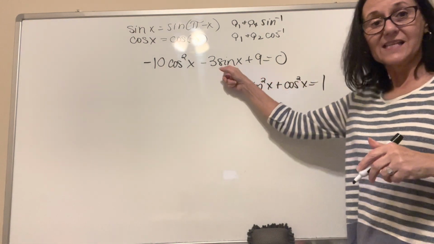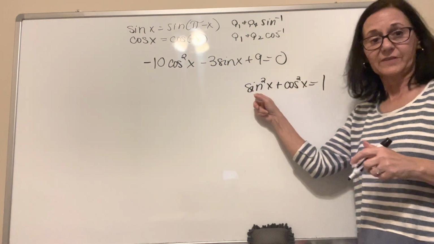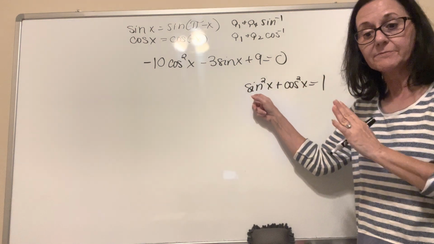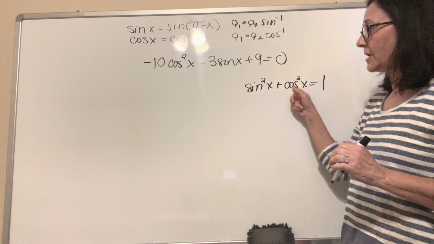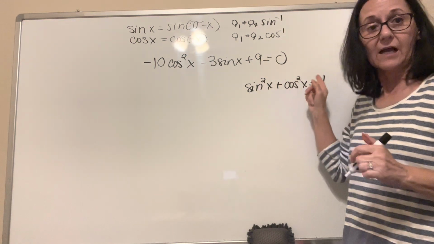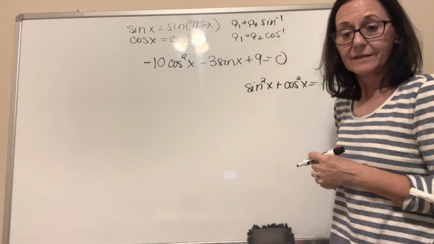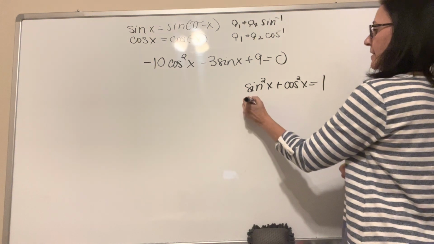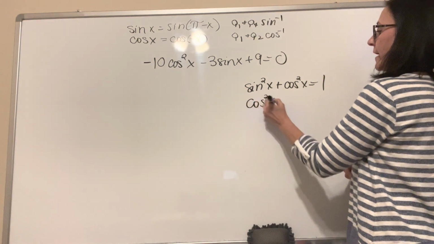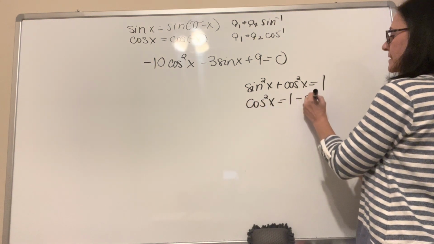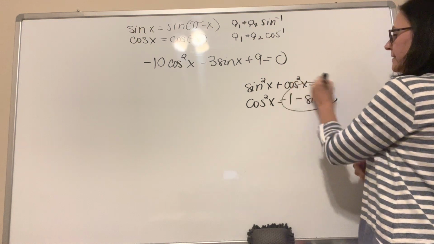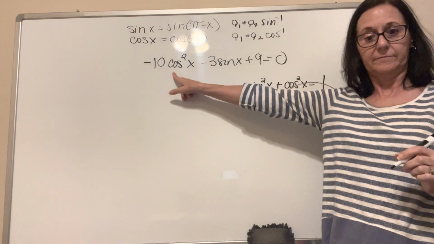Because this is the sine, I'm going to solve this one for the cosine and then substitute the sine in. So I'm going to subtract the sine squared on both sides. So the cosine squared x is 1 minus the sine squared x. This is what I'm going to substitute in for cosine.